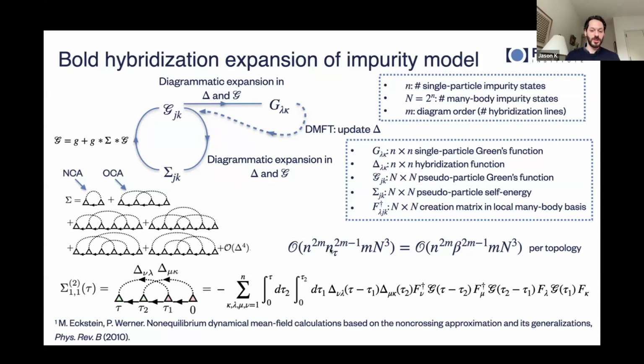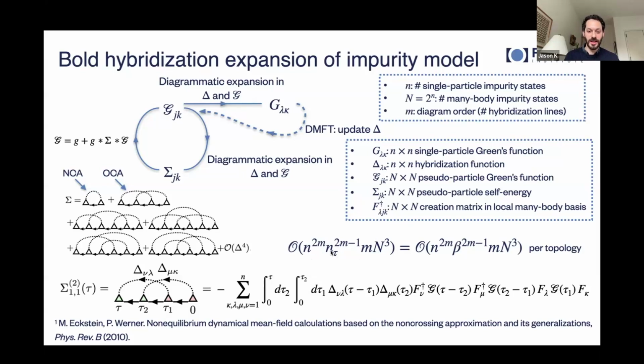If we were to discretize this integral by n tau points per dimension, that would be an n tau to the 2m minus 1 scaling. Then we have O of m matrix-matrix products between capital N by capital N matrices, which gives us N cubed. Okay, so this is the direct diagram evaluation cost per diagram.